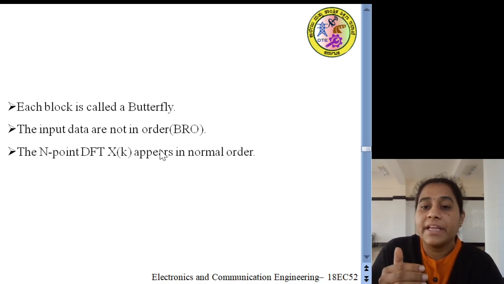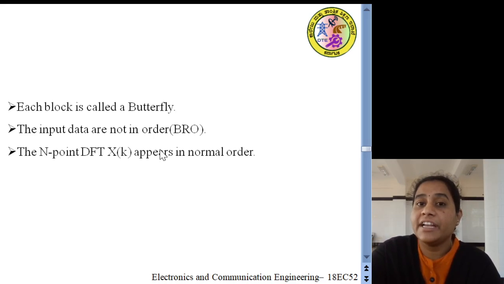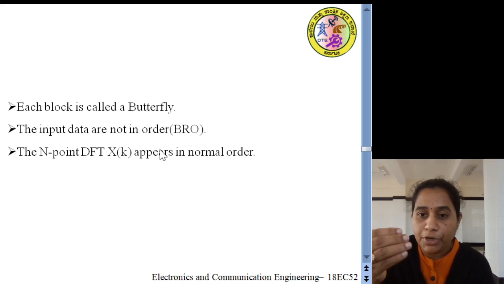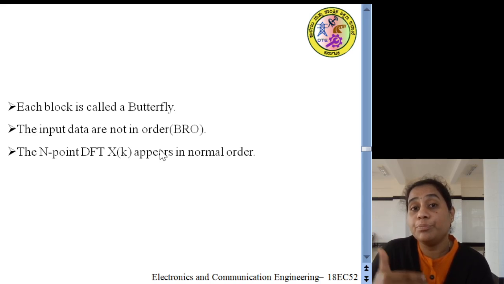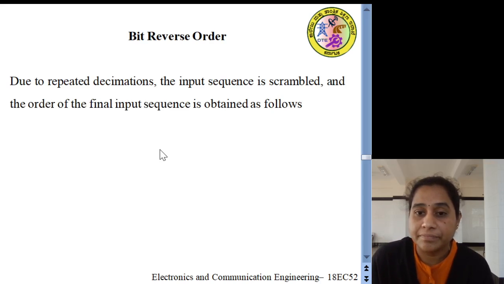The n-point DFT we obtain from this DIT FFT algorithm appears in normal order. What we need to concentrate on here is that the input we are giving is not in the normal order, but we obtain the output, that is the DFT of the time domain sequence x of n, in normal order.